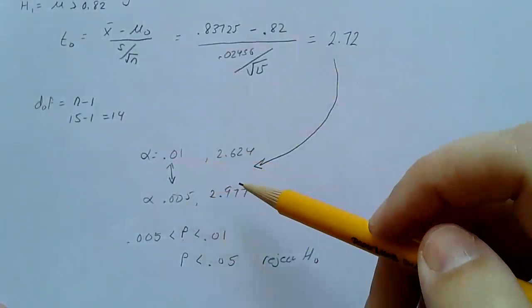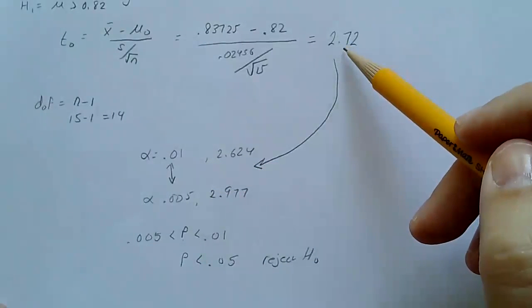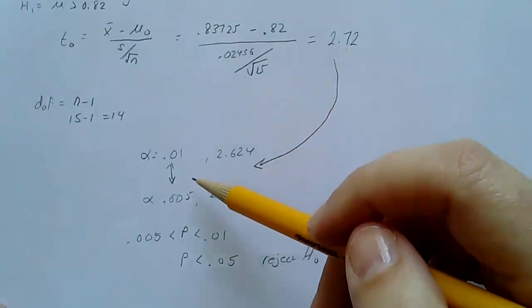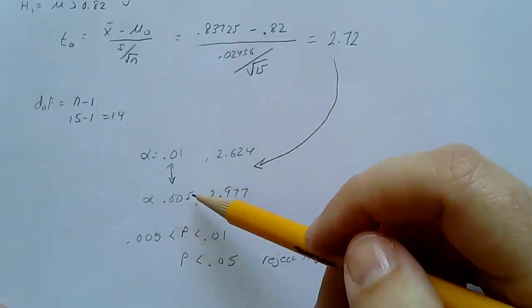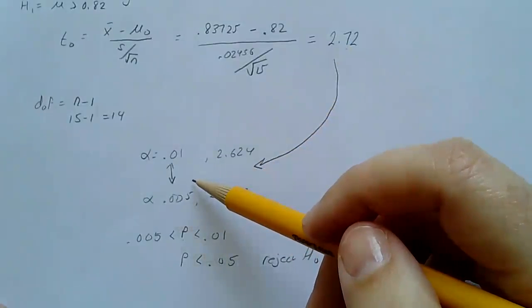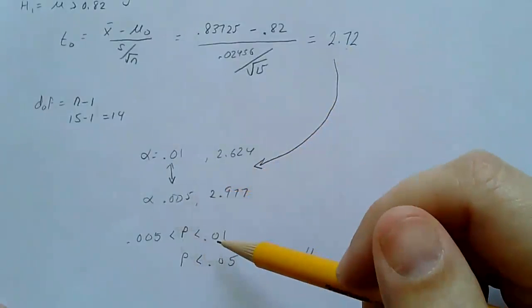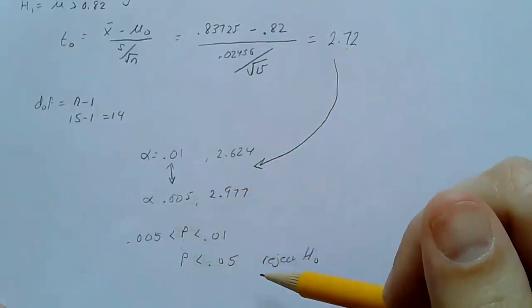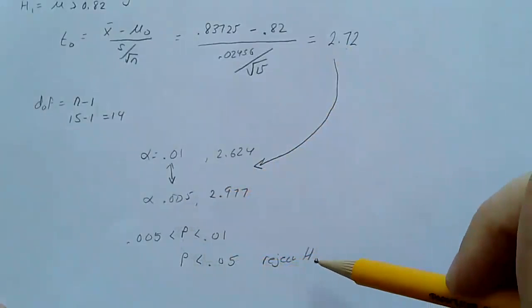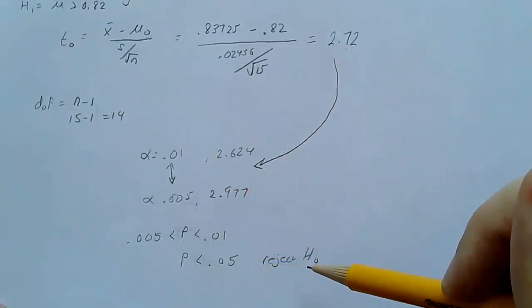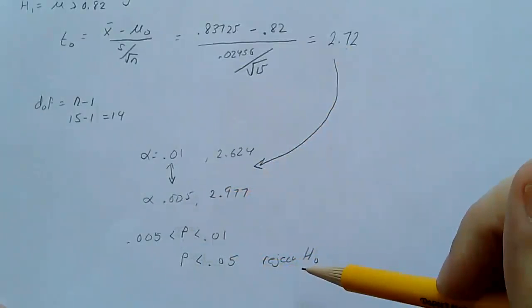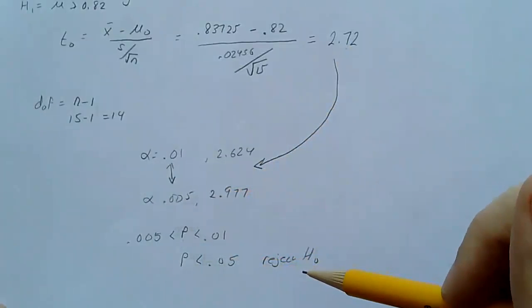So we know our calculated test statistic, 2.72, is between 0.01 and 0.005. In either case, we are less than 0.05, and so we reject H0. We would say that the experiment in this case was a success.